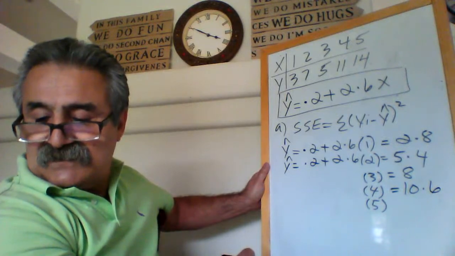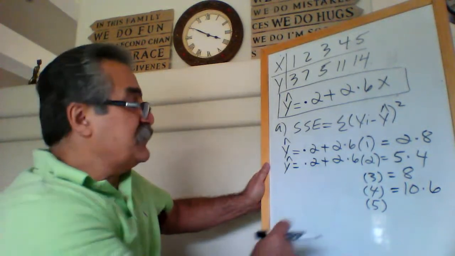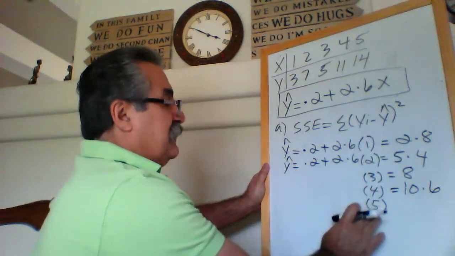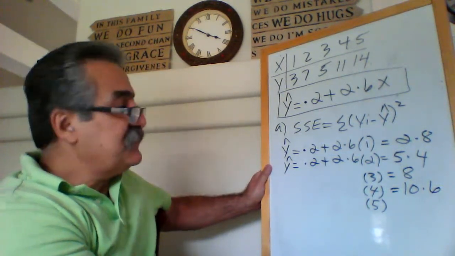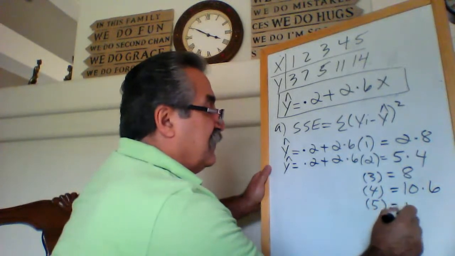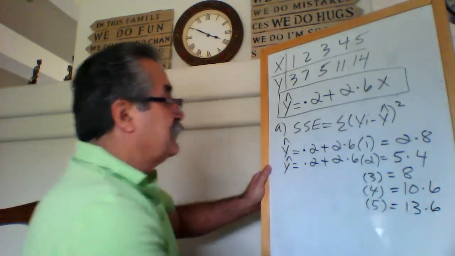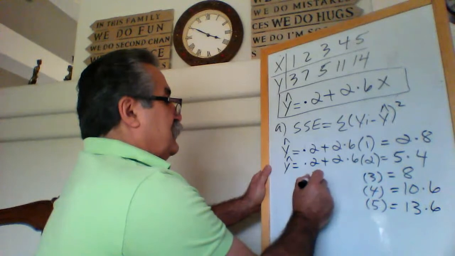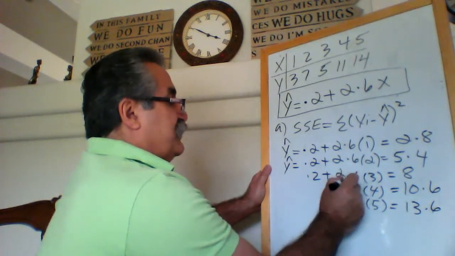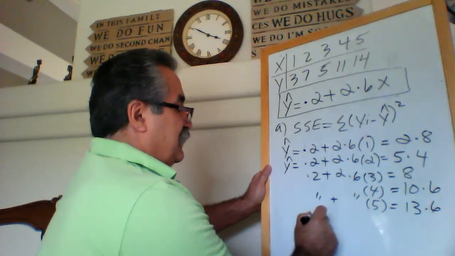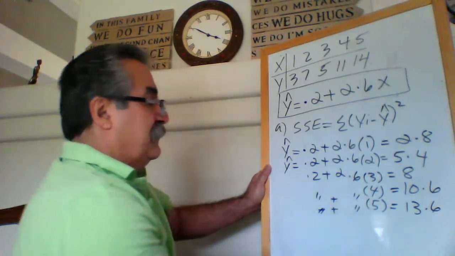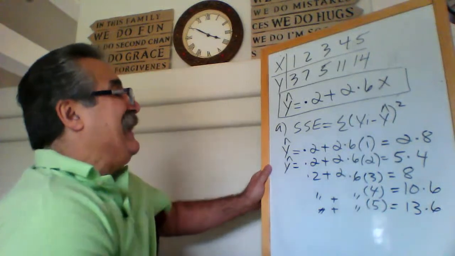And when x is equal to 5, then it is 13.6. So 0.2 plus 2.6, just do the same thing for this one. Okay, so those are our y hat.